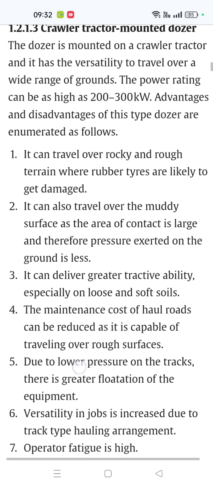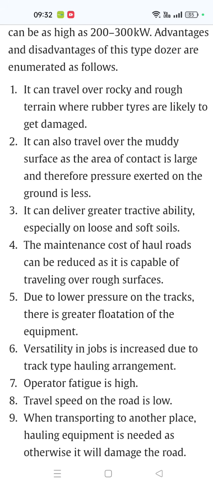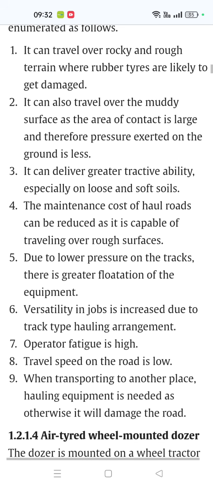1. It can travel over rocky and rough terrain. Therefore, tyres are not likely to get damaged. 2.